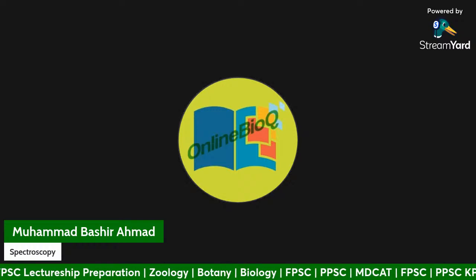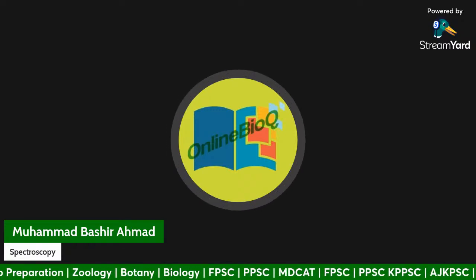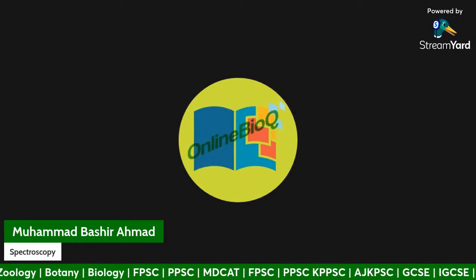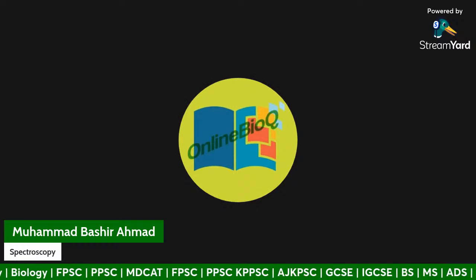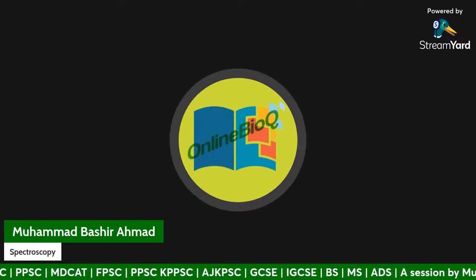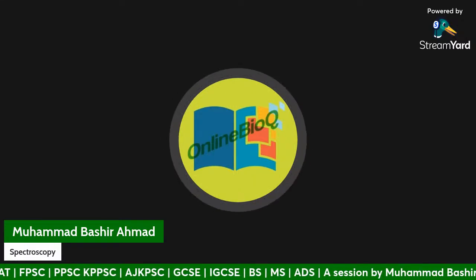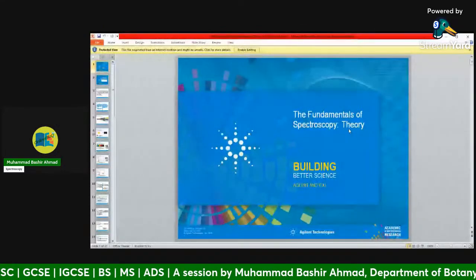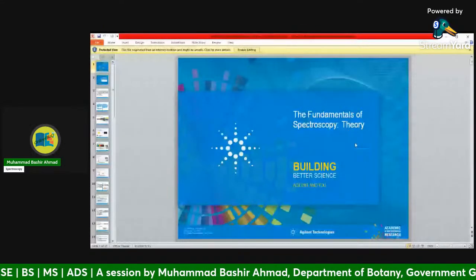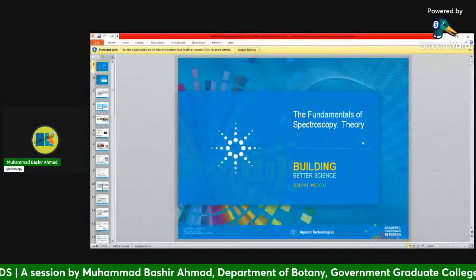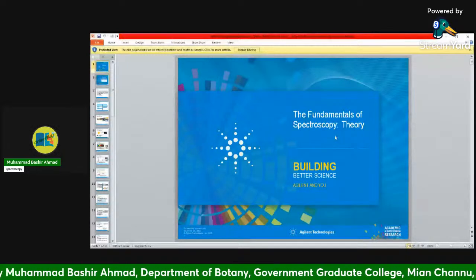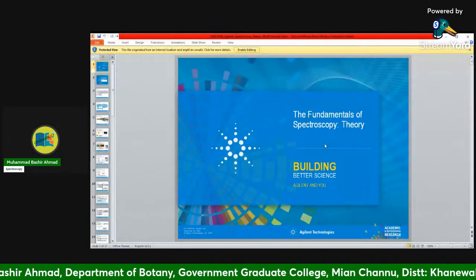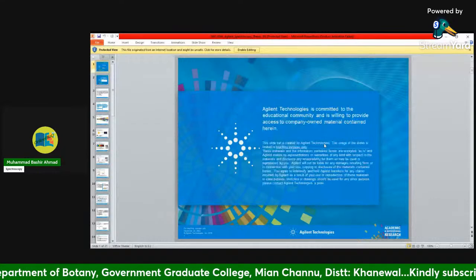Today we are going to start a topic that is spectroscopy. Our topic is the fundamentals of spectroscopy theory. Here we are going to study theory. It is a series of lectures in which we will try to complete different aspects of spectroscopy.